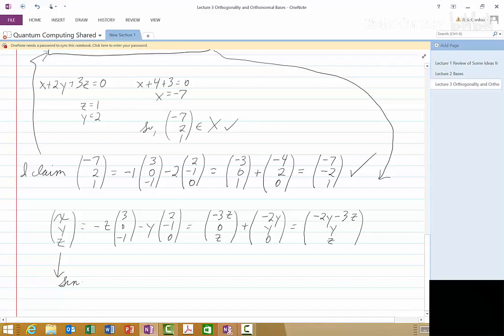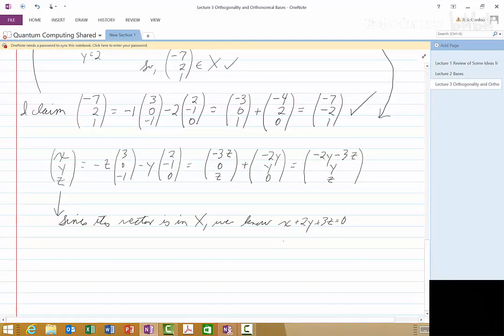Well, since this vector is in X, we know that x plus 2y plus 3z must be 0, because that's how we choose our vectors in X. That means that x is equal to minus 2y minus 3z.